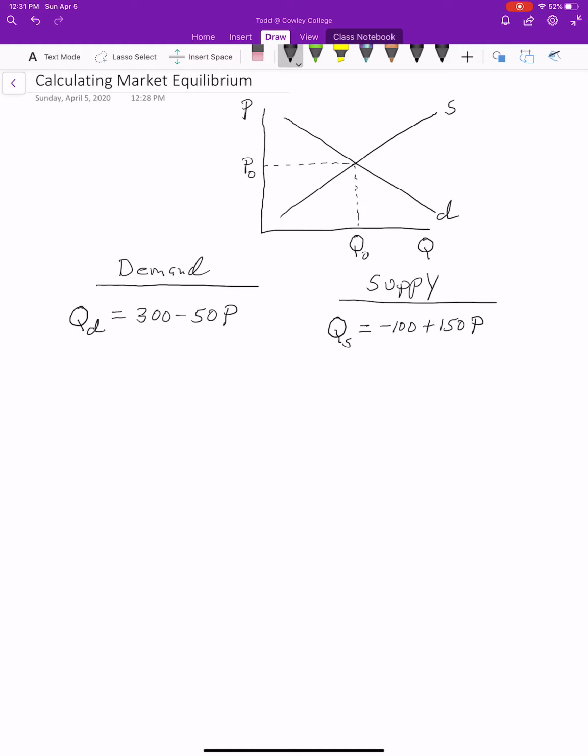But if you look at this closely enough, we have a little bit of a problem because we have two equations, for the demand curve and the supply curve, but we also have more unknowns than we have equations.